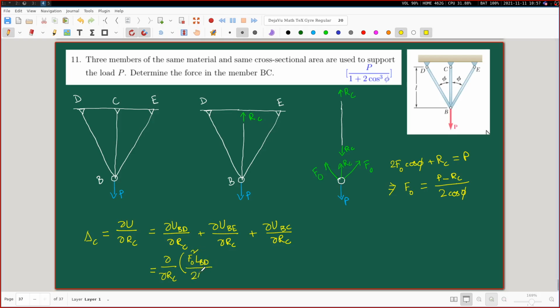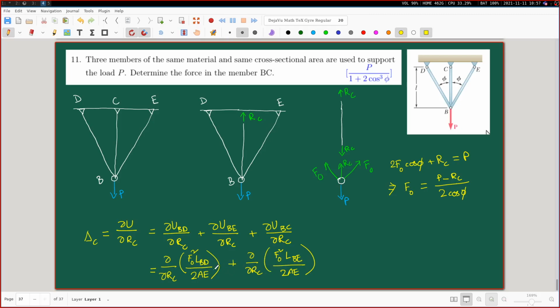Sir, of sigma. You don't have to give me the final expression, this intermediate expression only I was asking. Okay, so I'm using the expression for the strain energy associated with axial stretch, which is just P square L by twice AE. So here I am writing the appropriate lengths LBD and LBE.